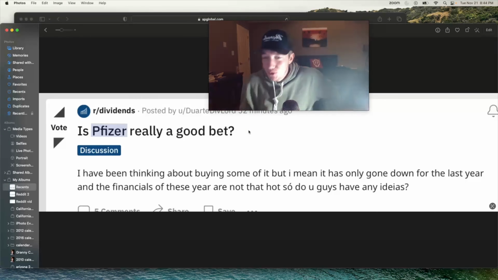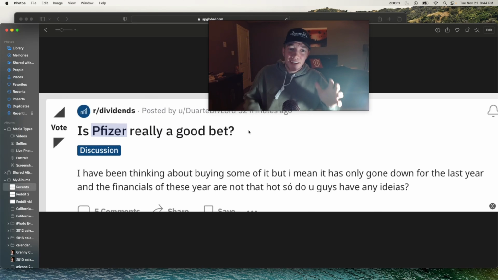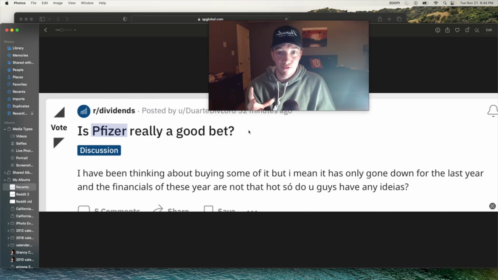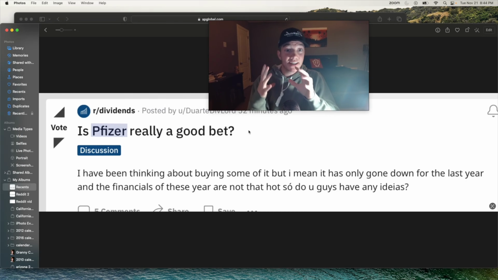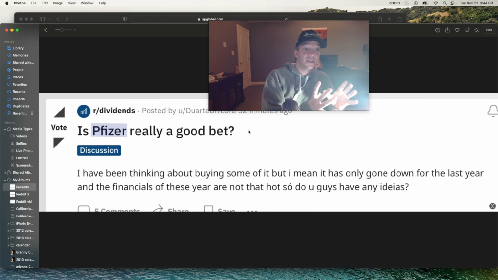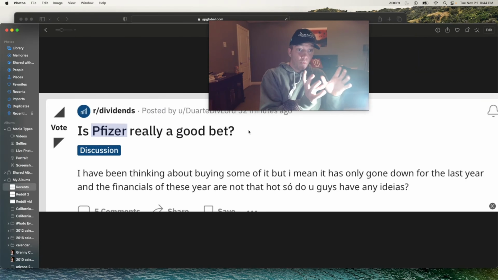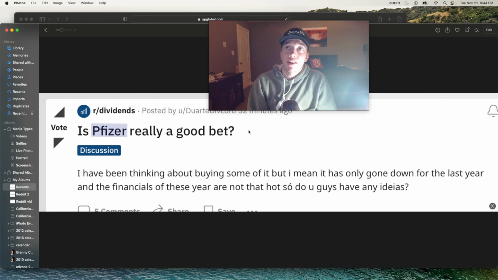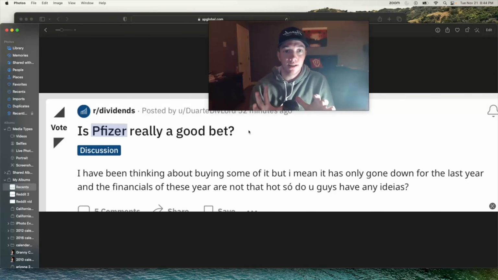I wanted to include this example so I can kind of get you guys in the mindset of what we do as dividend investors. Okay. And that's identify undervalued stocks, where the yield has gotten driven up while the fundamentals of the company haven't materially deteriorated. That was a big word, two big words.